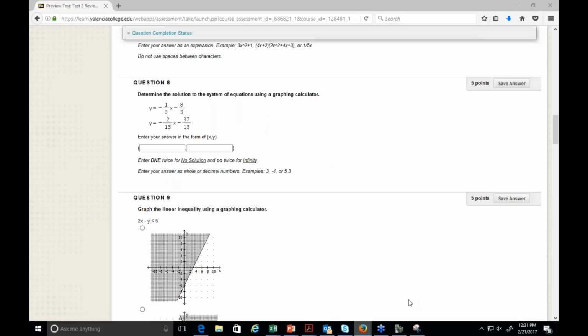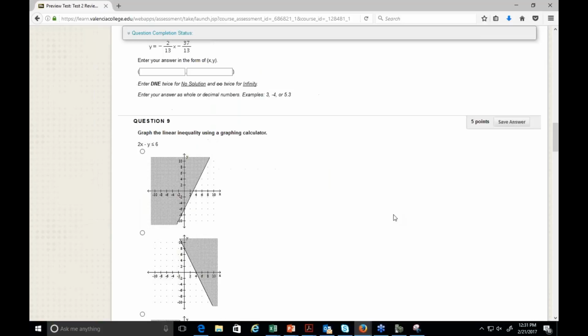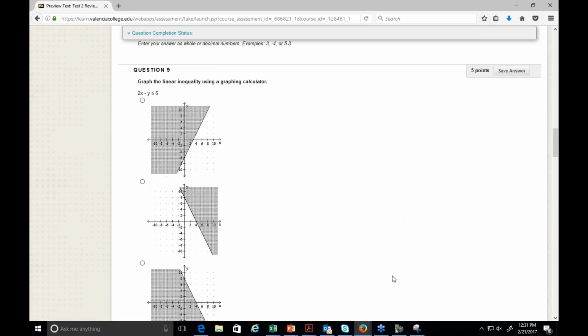So let's look at if you were graphing a linear inequality. So here we have 2x minus y is less than or equal to 6. Now for this, we're going to have to set it equal to y, which it is not set up like that yet.